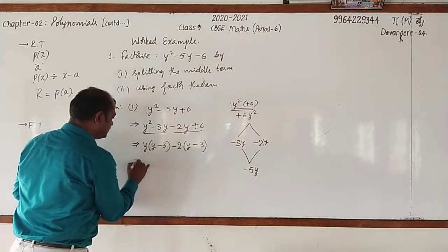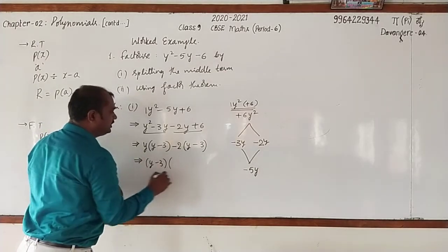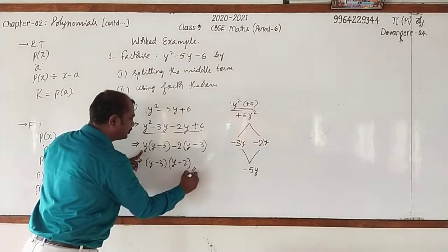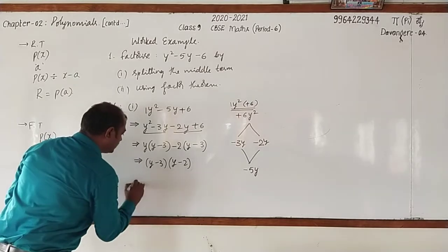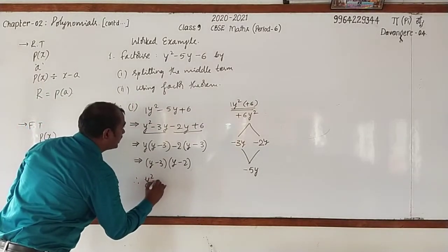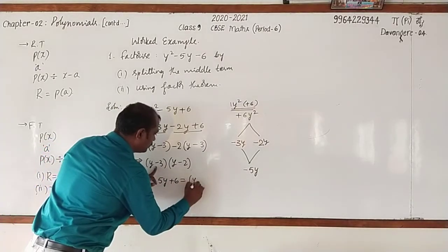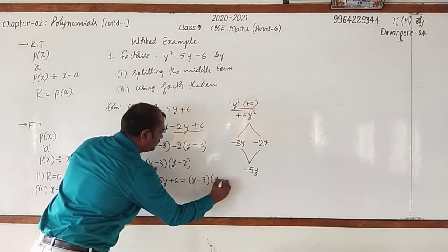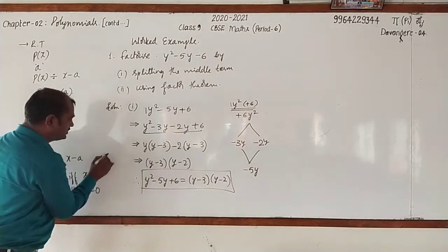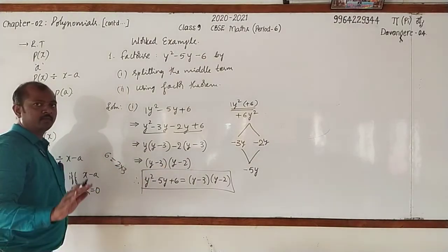Right? Now it implies that in the whole statement y minus 3 is a common factor. What about the remaining? Y minus 2. So therefore we can write the factorization of the given polynomial y square minus 5y plus 6 is equal to y minus 3 and y minus 2. This is the factorization. I had written 6 as 2 into 3. See, it is also in the same way.